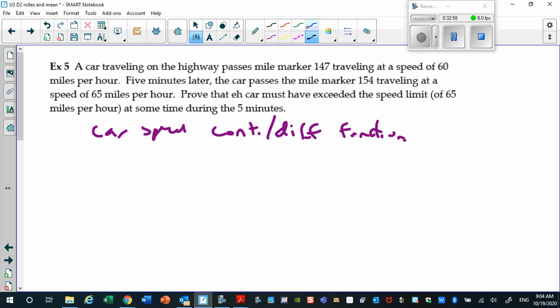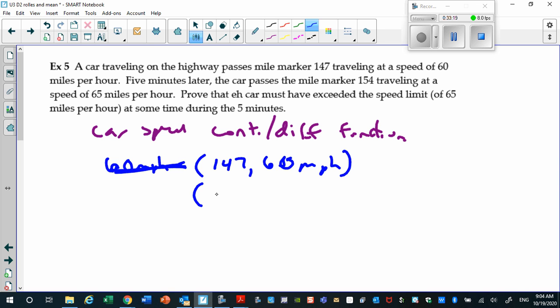So let's talk about a rate of change. 60 miles per hour. So let me back up. At mile marker 147, I'm at 60 mph. At 154, I'm at 65 mph, and I am 5 minutes later.